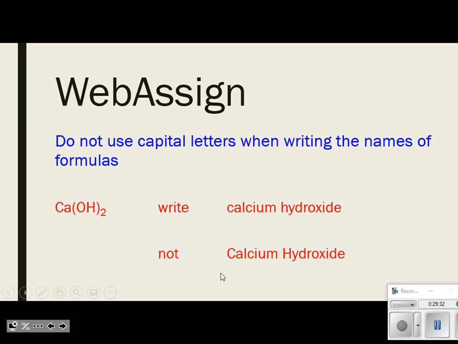WebAssign counts those wrong. I have told you. I've said it 3 times. Here's the 4th. Do not use capital letters when writing the names of formulas. WebAssign will count it wrong. I'm not going to feel bad when you come up and say WebAssign counted this wrong and I think it's right, and I say, nope, you used capital letters. I told you not to. So do not use capital letters.